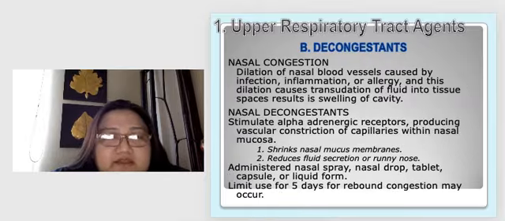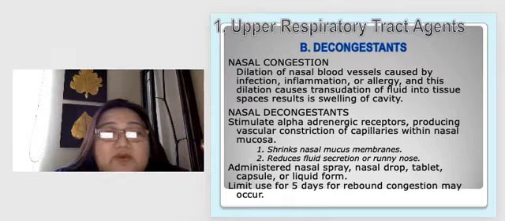Now, decongestants are for nasal congestion. Kapag merong nasal congestion, the nasal blood vessels are dilated. The usual cause is infection, inflammation, or allergy. Ngayon, itong dilation na ito nagkukos ng transudation ng fluid into tissue spaces kaya nagsiswell yung nasal cavity. In short, barado yung ilong. Now, decongestants stimulate alpha adrenergic receptors.